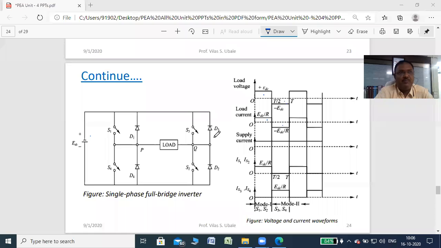But up to 5 kVA, you can use a high power MOSFET, high power IGBTs, or even BJTs. But BJTs are not used for high power rating because thermal runaway is present in a BJT. At high power, the device heats more, and once the device heats, thermal runaway may occur in the device.